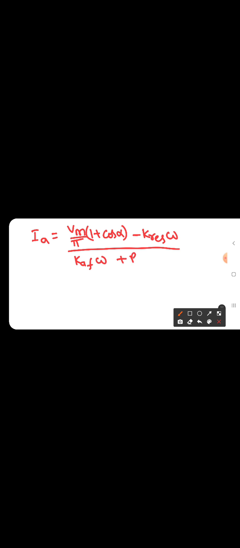So Ia is equal to Va, in the sense Vm by pi into 1 plus cos alpha, minus Kres into omega, by KAF into omega plus Ra. This is the equation of Ia. Then what about the torque equation?